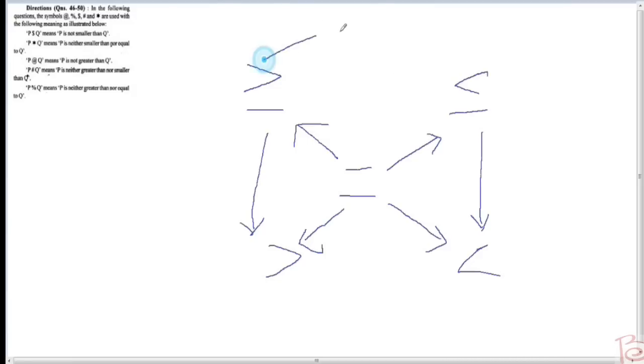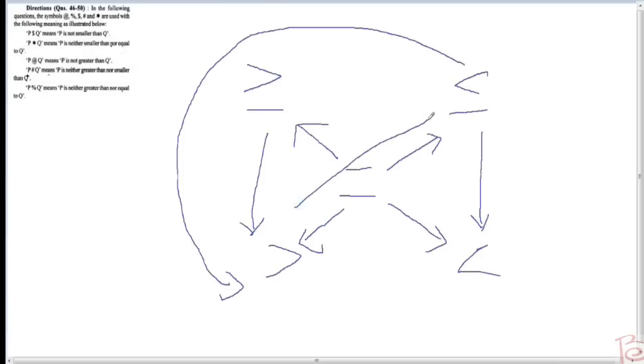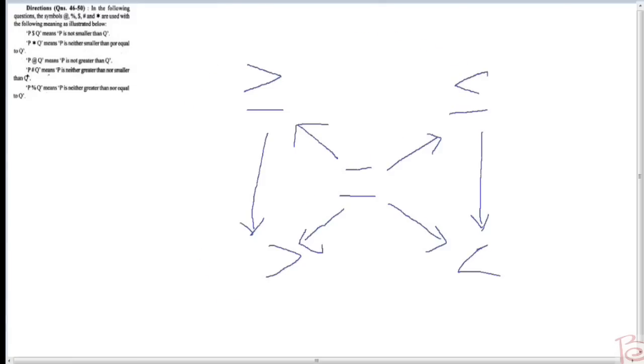You cannot move from here to here. Likewise, you cannot move from here to here. You cannot move in this way, because there is equal to in between. This is in one direction and this one is in the opposite direction, so you cannot move diagonally, and you cannot move to the place where there is no arrow mark. Okay, this is what you have to be very clear about.